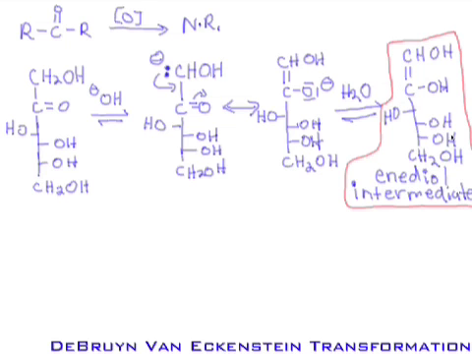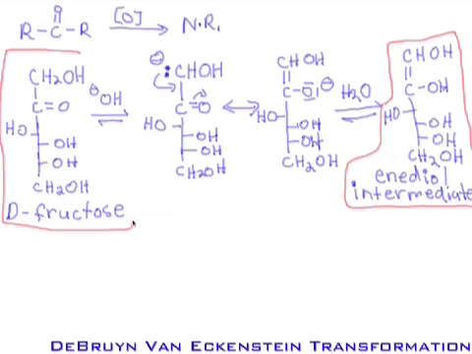So we started with D-fructose, and the base could convert D-fructose to this enediol intermediate. So D-fructose can be converted to this enediol.